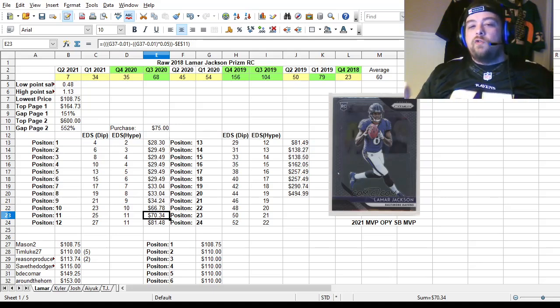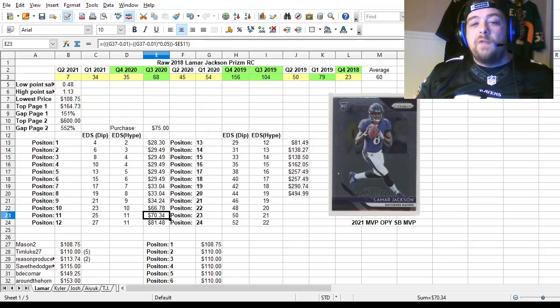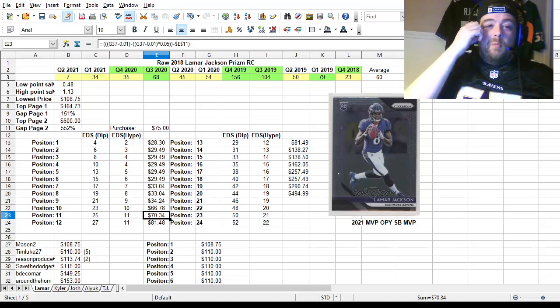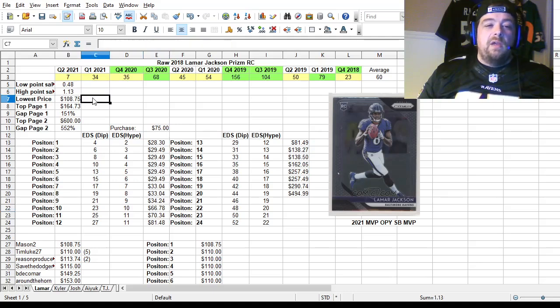I'm talking strictly the count of the sales, not the amount of the sale. So I figured out that roughly it's selling 0.48 a day during the dip and 1.13 per month.